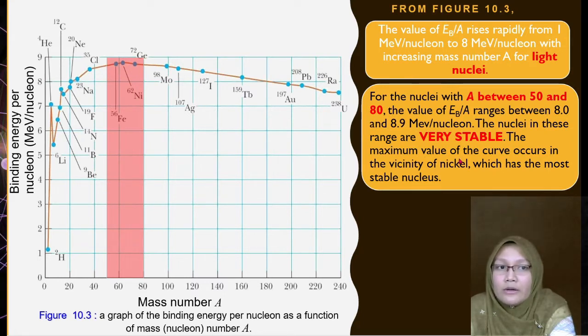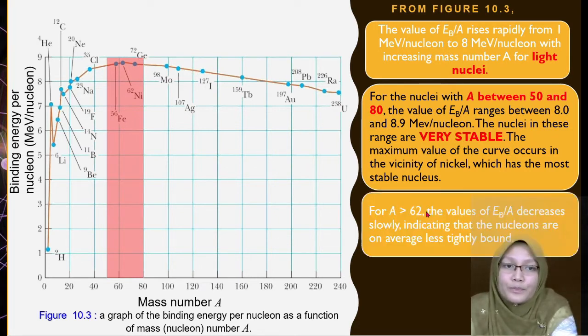The maximum value of the curve occurs in the vicinity of nickel, which has the most stable nucleus. Because the nucleus is most stable, that's why dia boleh wujud di permukaan bumi ni dan kita boleh pegang dia. Sama juga macam ferrum, besi, kita boleh pegang dia, tak terurai dengan senangnya.